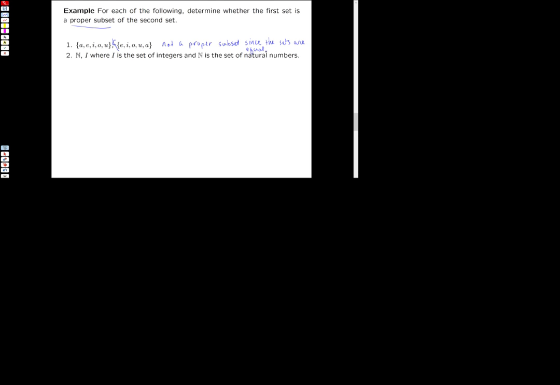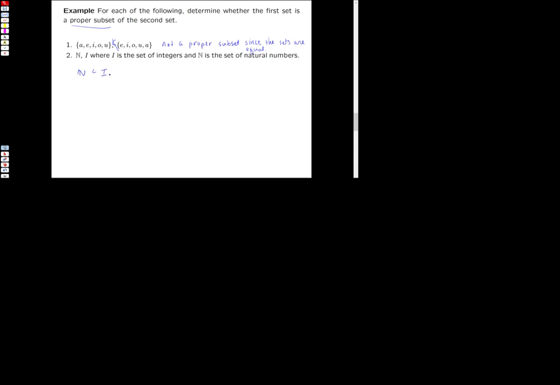On number 2, N is a set of natural numbers and I is a set of integers. So, tell me, is the natural numbers a subset of the integers? The integers contain what? Negatives, 0, and positives.